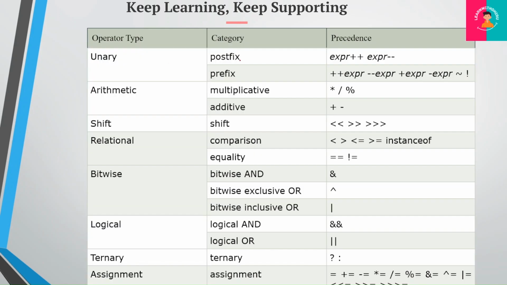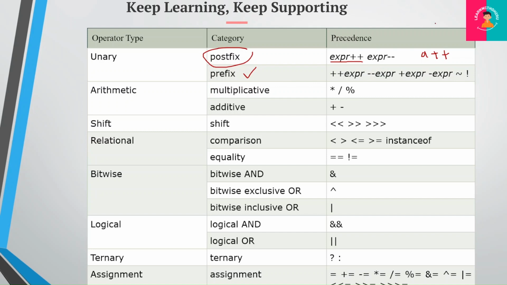Okay, so unary is categorized into postfix and prefix. Like for any variable a, a plus plus, a minus minus is postfix. Then prefix, you can see plus plus a.